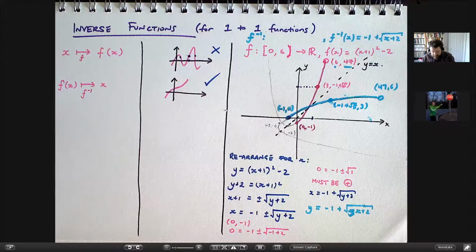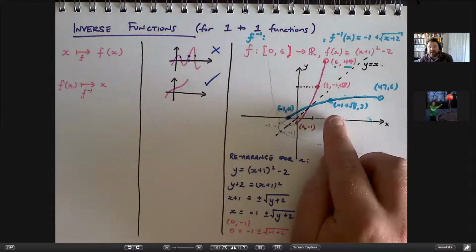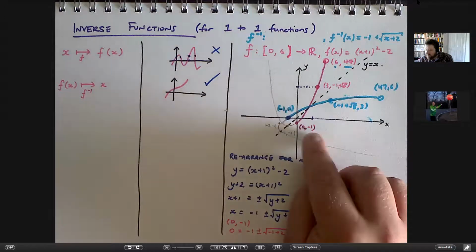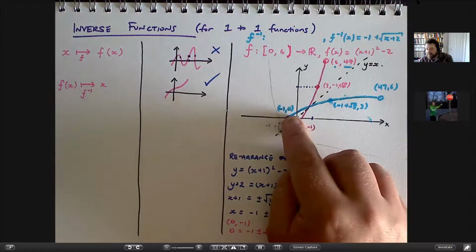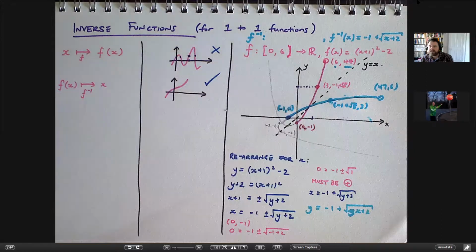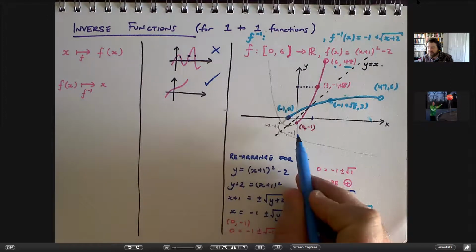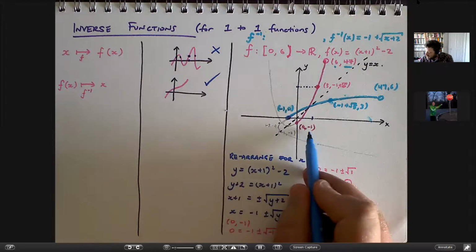Okay, so now we can ask, what are the domain and the range of this new function going to be? If all of the x values we plug into the inverse are just the y values of the original graph, then the domain of this new graph is going to be the range of the old one. So it's going to be everything from -1 up to 47.